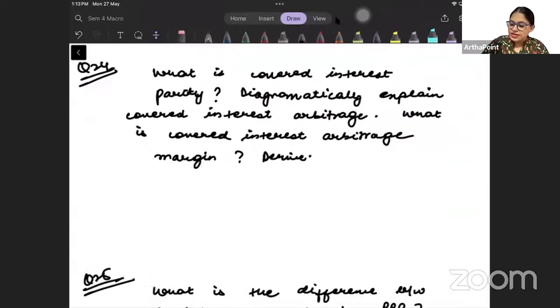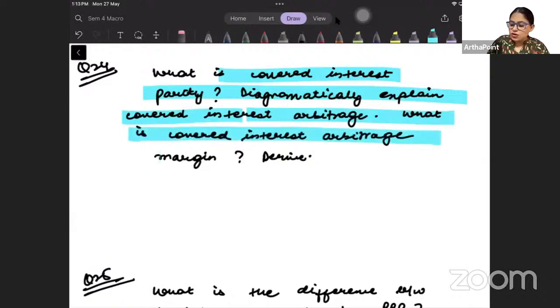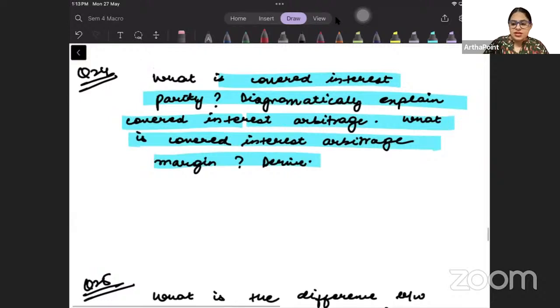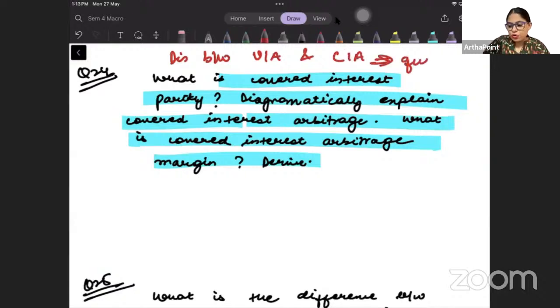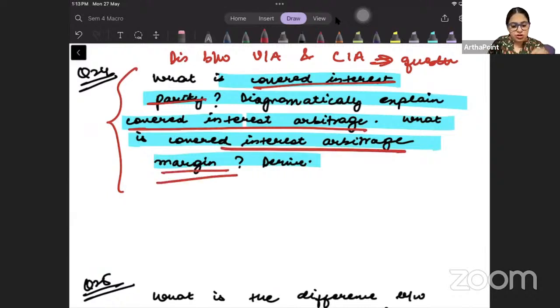What is covered interest parity? Diagrammatically explain covered interest arbitrage. What is covered interest arbitrage margin? Sometimes they will ask you distinguish between uncovered interest arbitrage and covered interest arbitrage. This can come as an important question. And sometimes they will only ask you covered interest arbitrage और उसी में वो आपको CIAM भी पूछेंगे.